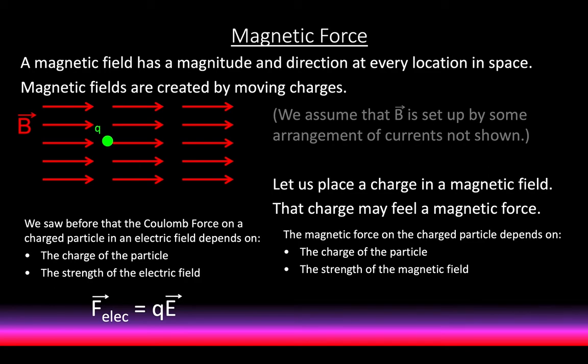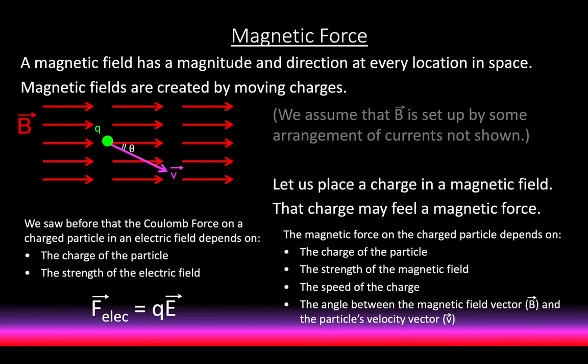So if magnetism is a result of motion, then it seems reasonable that the strength of the magnetic force should also depend on the velocity of the particle. Velocity is both speed and direction.